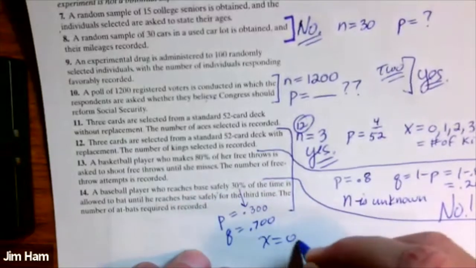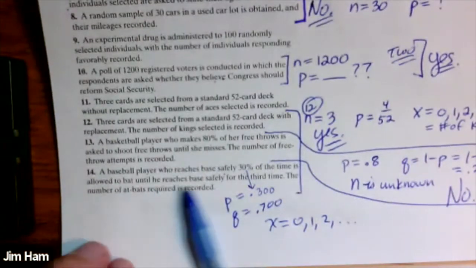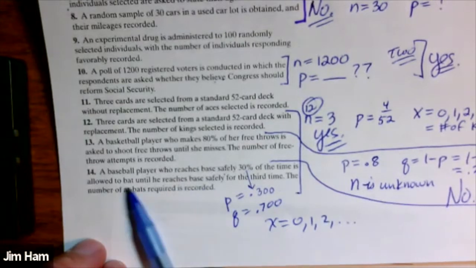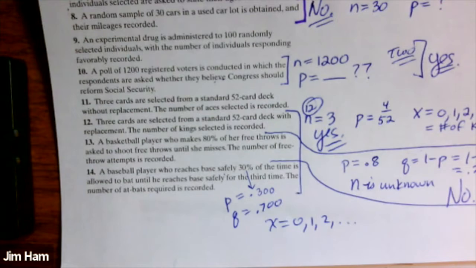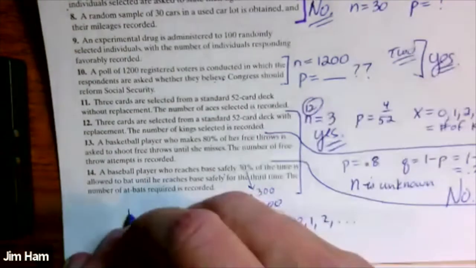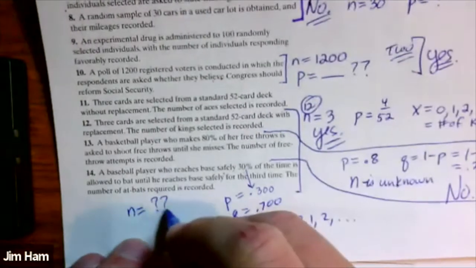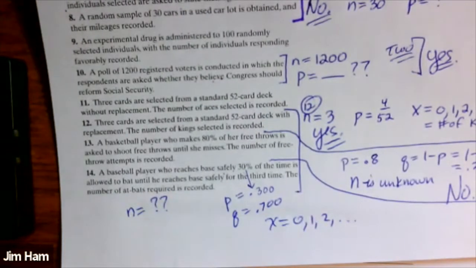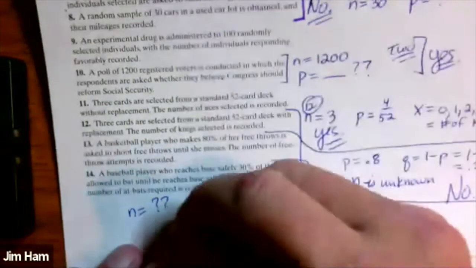And then we would need to identify the X. So, bat until he reaches base safely for the 3rd time. The number of at-bats is recorded. Again, we don't know how many times this batter is going to bat. And for the same reason as in number 13, since N is not given to us at the beginning, this one is not.